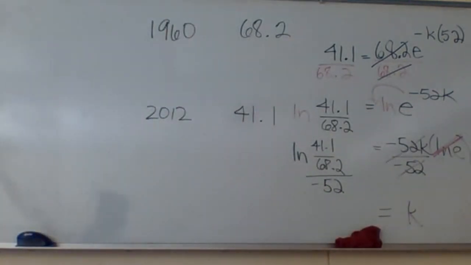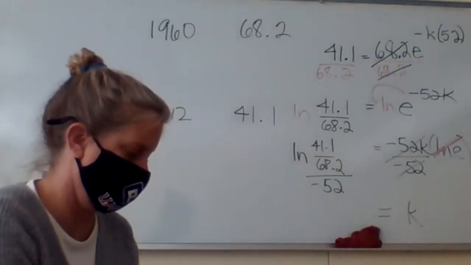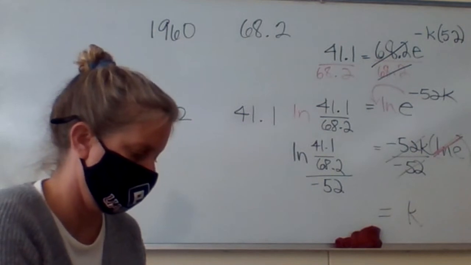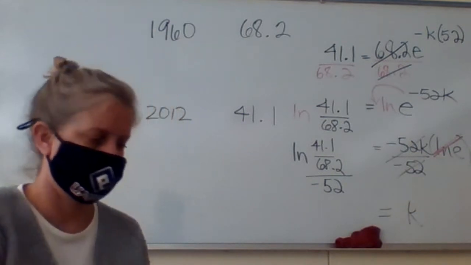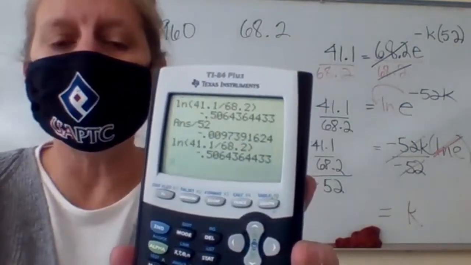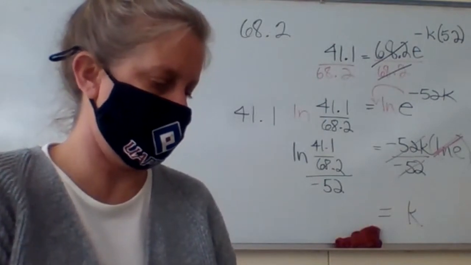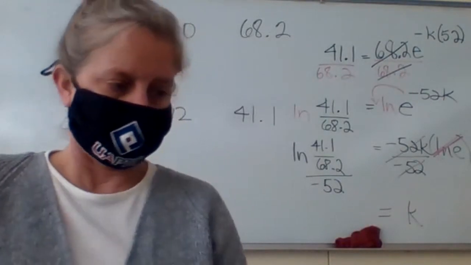So let's see, I've got ln of 41.1 over 68.2, close, enter. Now I'm going to divide that by that negative 52. So divided by negative 52.